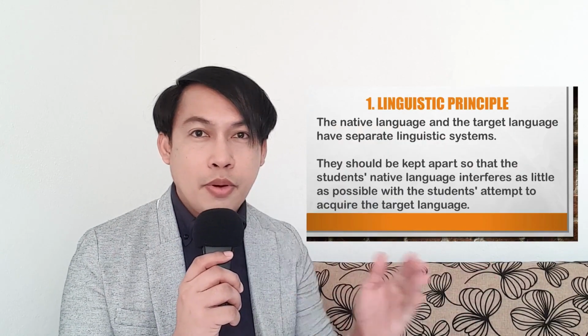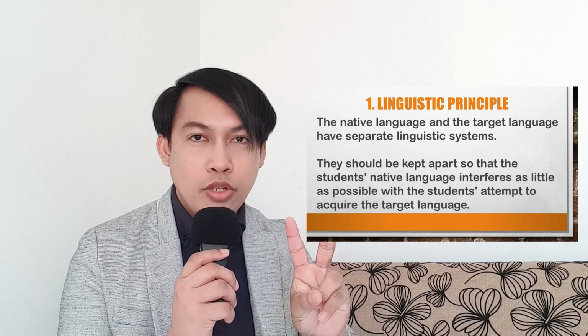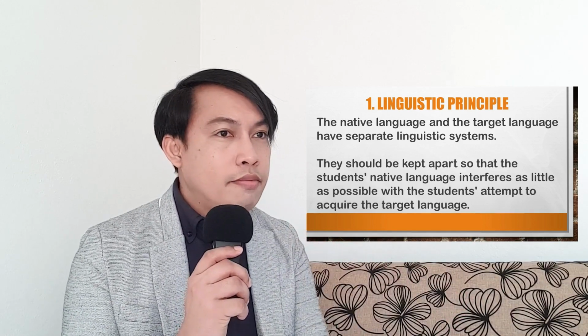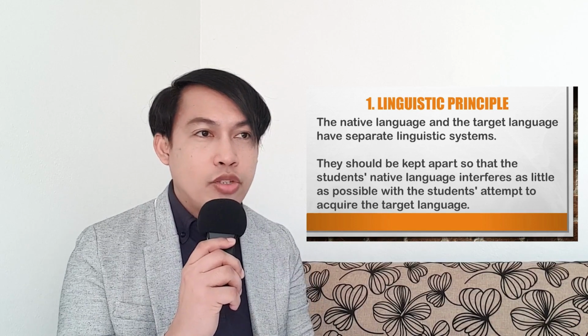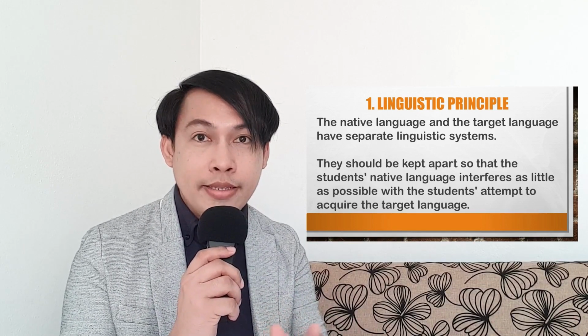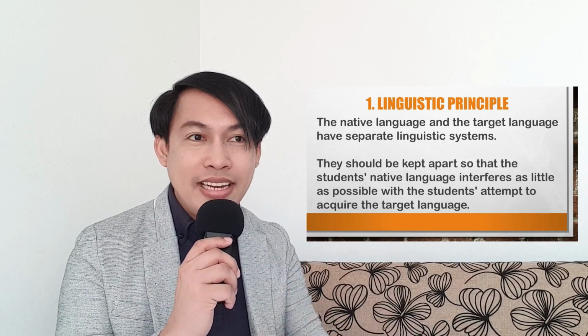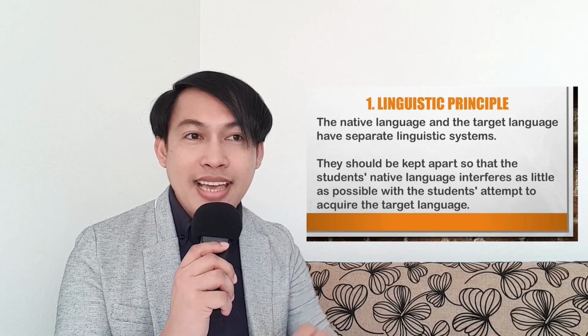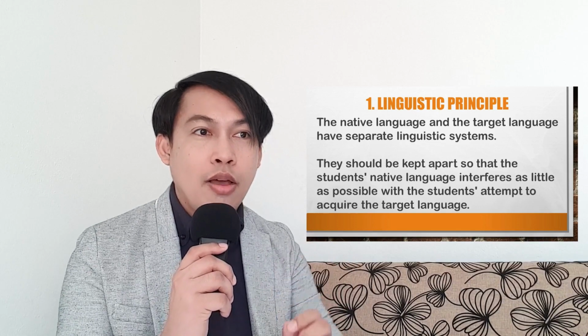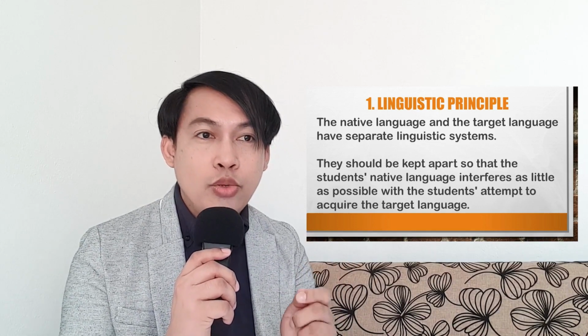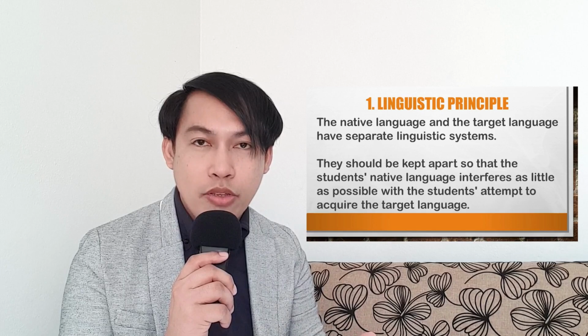Let me start with this principle. This is about the separation of two languages. The native language and the target language have separate linguistic systems. They should be kept apart so that students' native language interferes as little as possible with a student's attempt to acquire the target language.